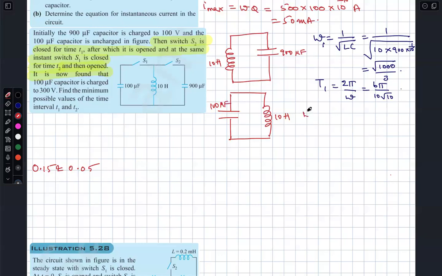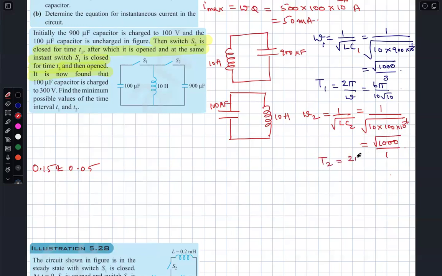So for this, omega 2 is 1 by root of L C2, which is 10 into 100 into 10 power minus 6, root 1000 by 1.